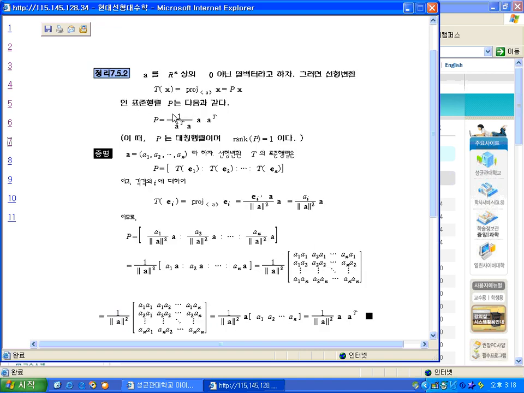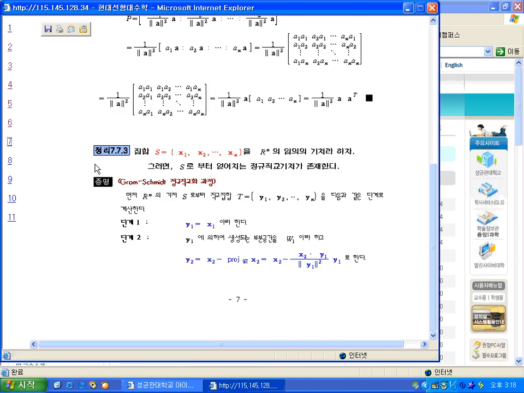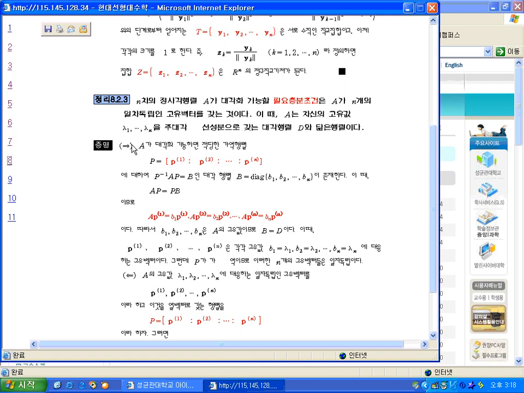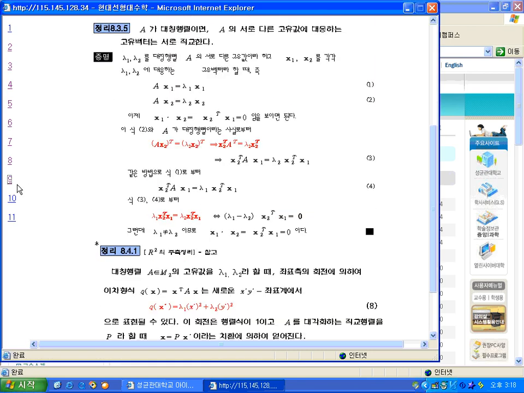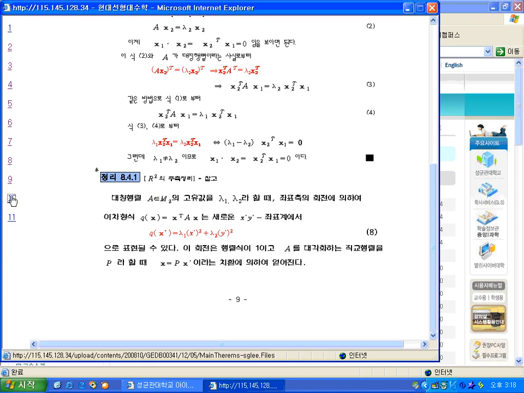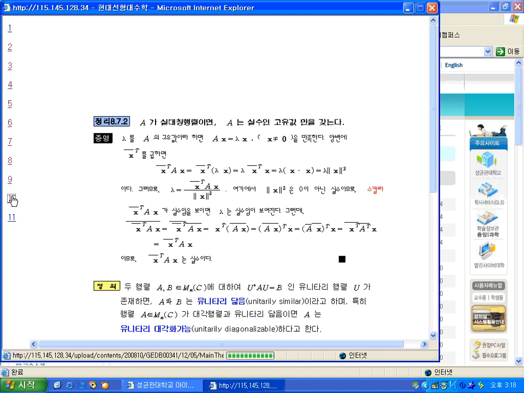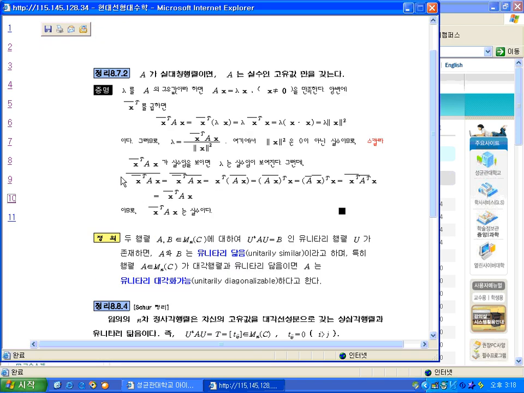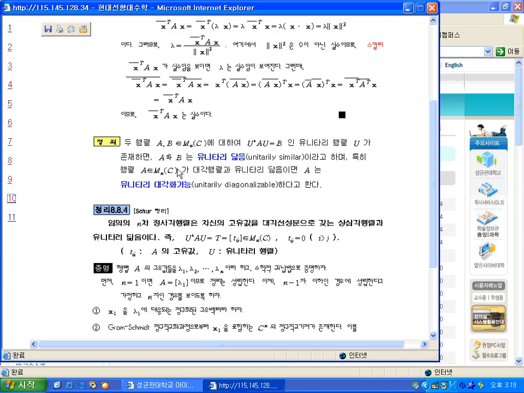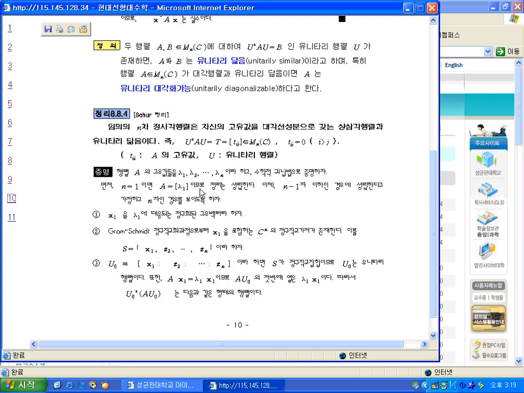This is a proof of the theorem for the projections, and the Gram-Schmidt orthonormalization process, the proof of the if and only if statement for the diagonalization, all details, and also the different eigenvalues and corresponding eigenvectors, and some on the quadratic forms and Hermitian matrices, and unitary similarity and unitarily diagonalizable.